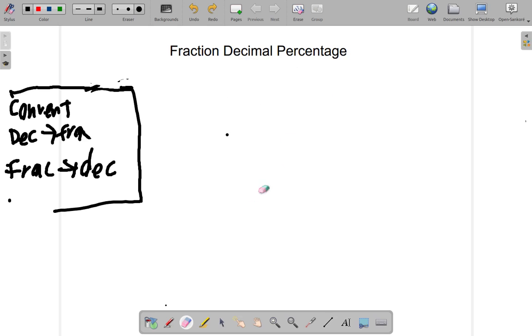Now, let's convert 0.5. It means 0.5 over 1. But originally you would not see 0.5 over 1. We convert 0.5 to a fraction.